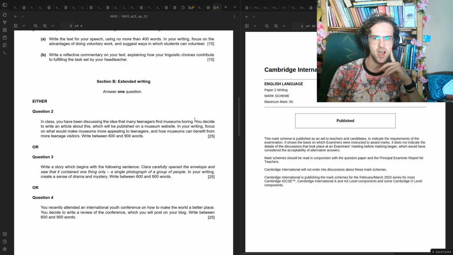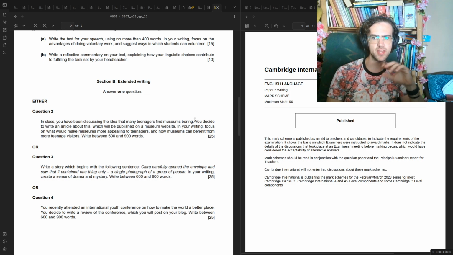But then I also want museums to learn from this and say, I think we could really benefit from more teenage visitors. And so we want to persuade them to make the changes they need to make to get more teenage visitors. We need to write between 600 and 900 words.